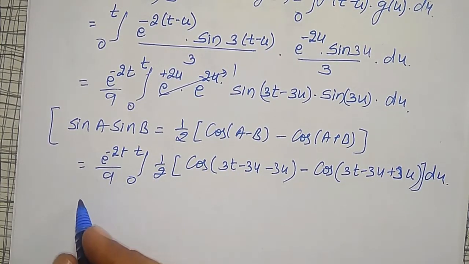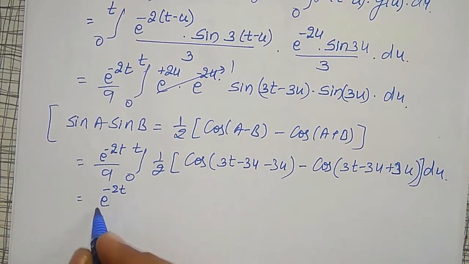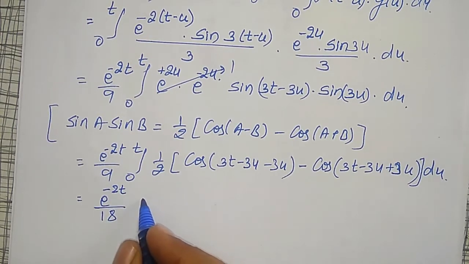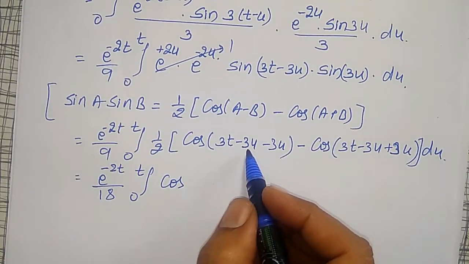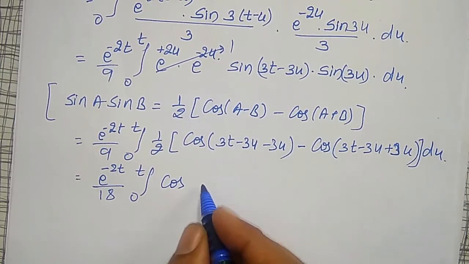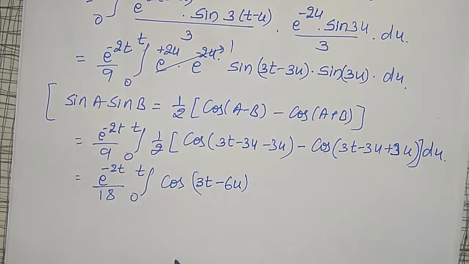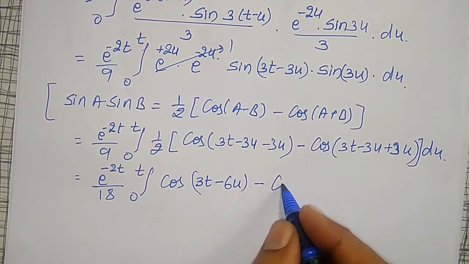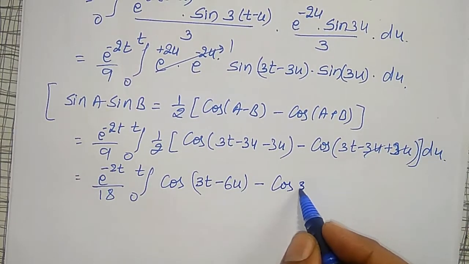And this 1 by 2 again I can take outside, and it will become e to the power minus 2t divided by 18 into integration from 0 to t cos of 3t minus 3u minus 3u will become 3t minus 6u. Okay, minus cos of minus 3u plus 3u cancels into 3t.